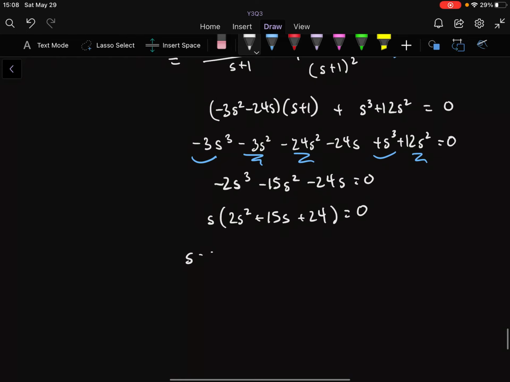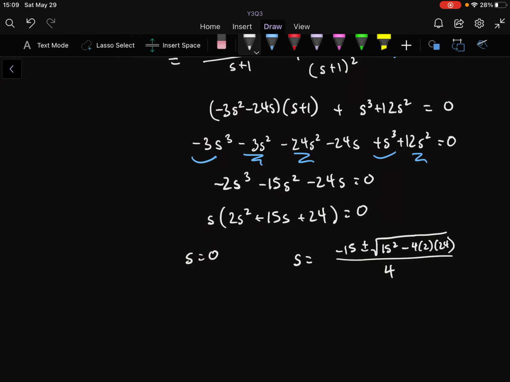We'll get s is equal to 0 and s is equal to negative 15 plus or minus radical 15 squared minus 4 times 2 times 24, over 4.